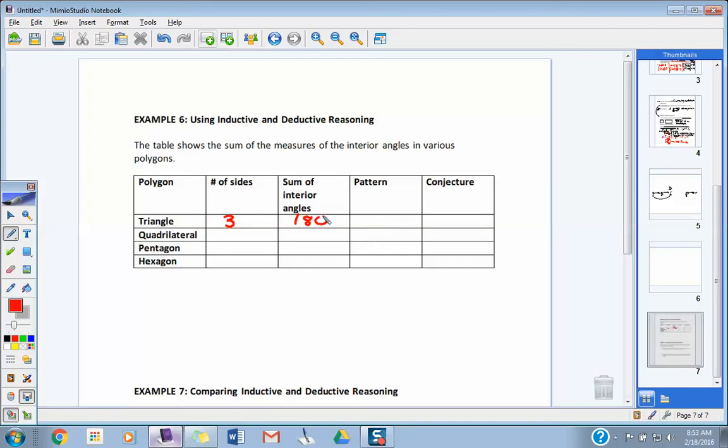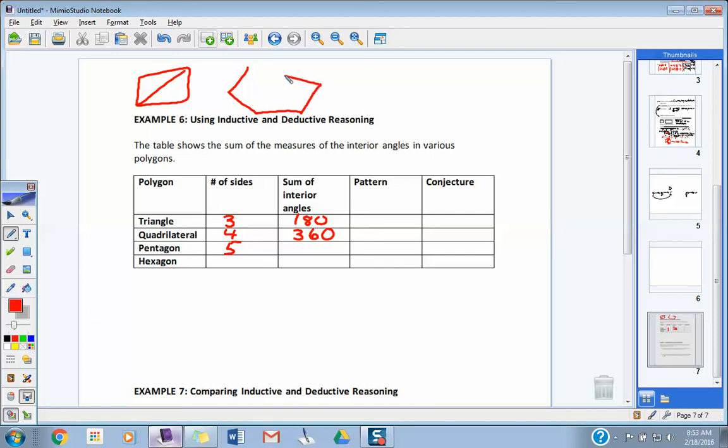Okay? Quadrilateral, how many sides? 4. Now a quadrilateral, a 4-sided figure, I could cut diagonally into how many triangles? 2. So it'd be 360, right? How about a pentagon? Pentagon, 1, 2, 3, you don't need to draw these, 4, 5.